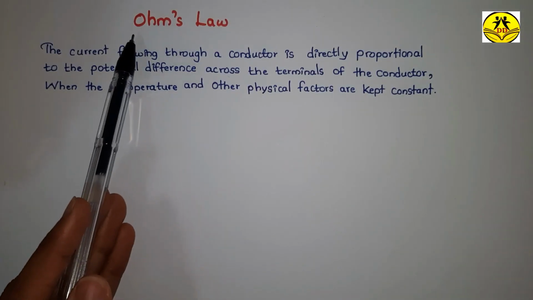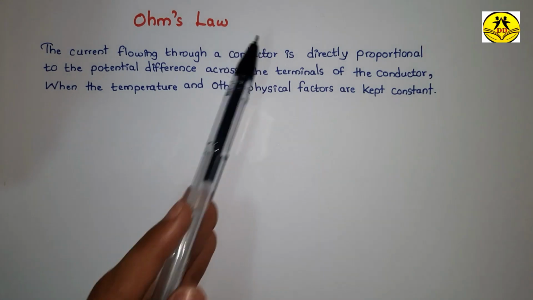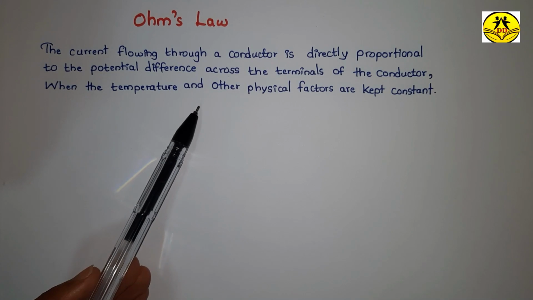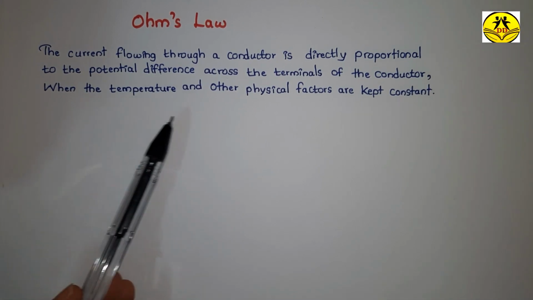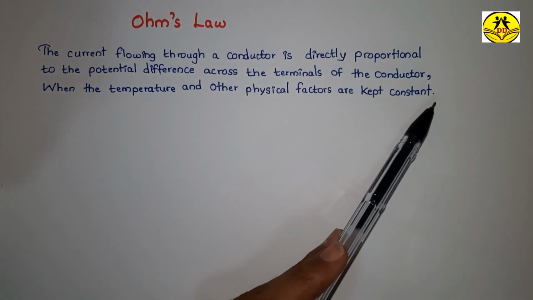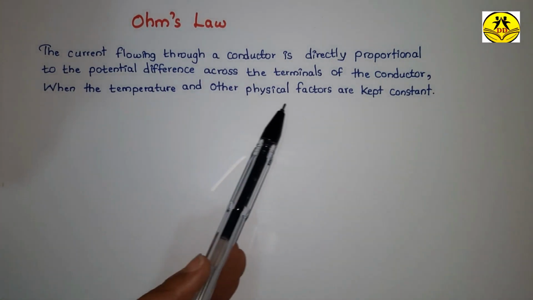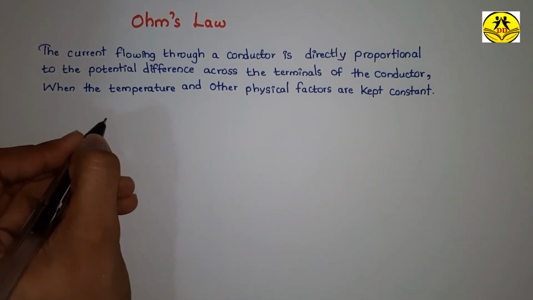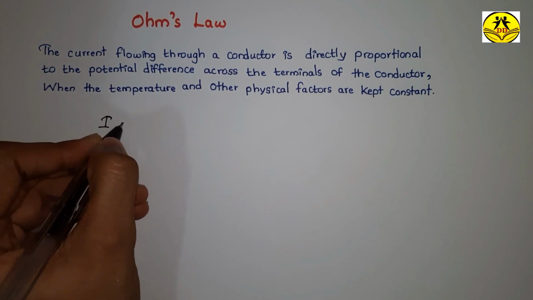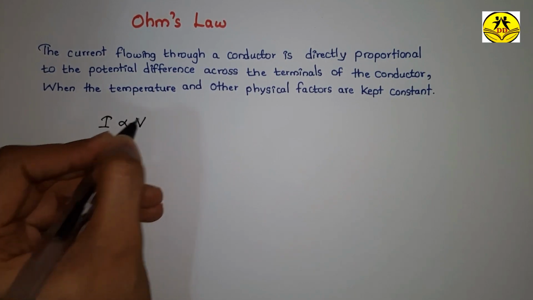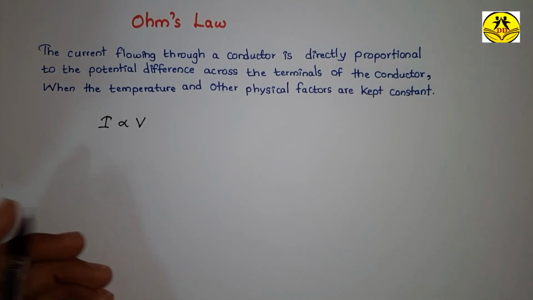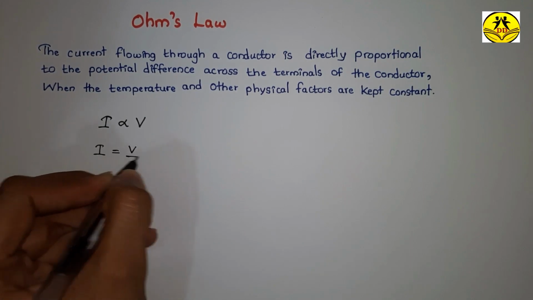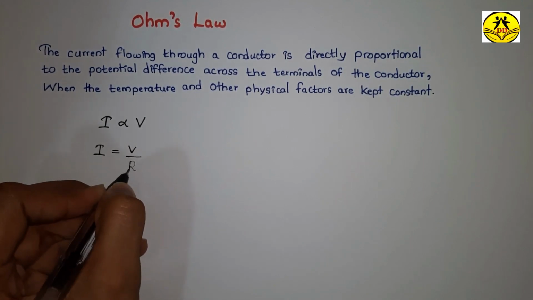So now let's discuss Ohm's law. What Ohm's law says is the current flowing through a conductor is directly proportional to the potential difference across the terminals of the conductor when the temperature and other physical factors are kept constant. So the proportionality constant we get here is 1 over R, resistance.